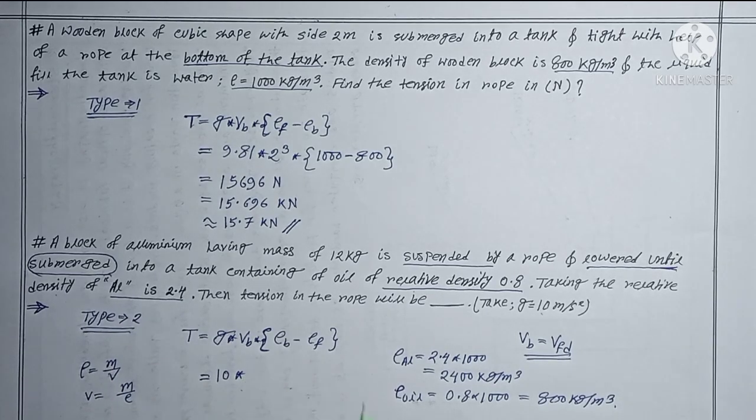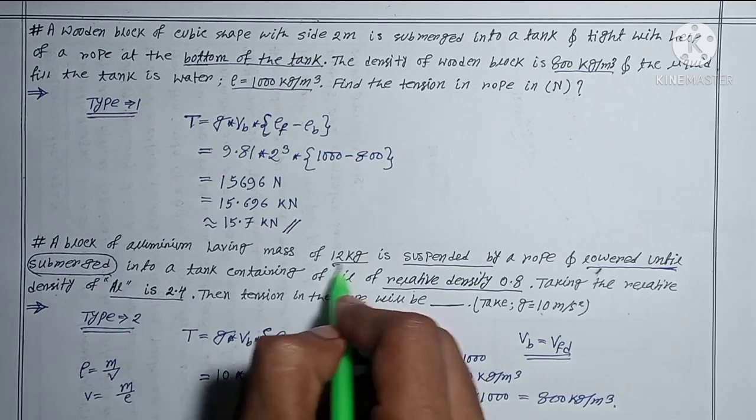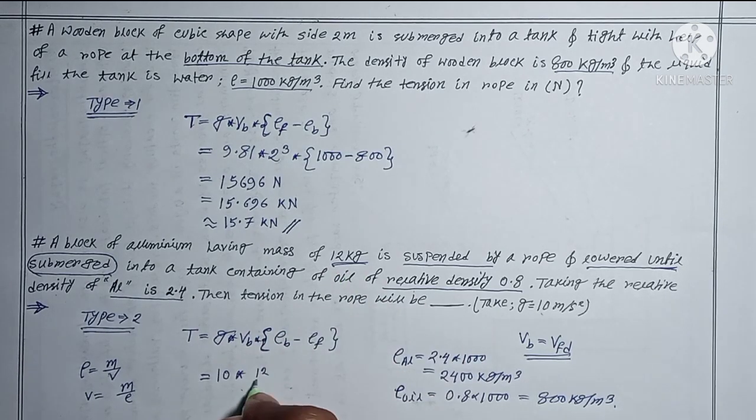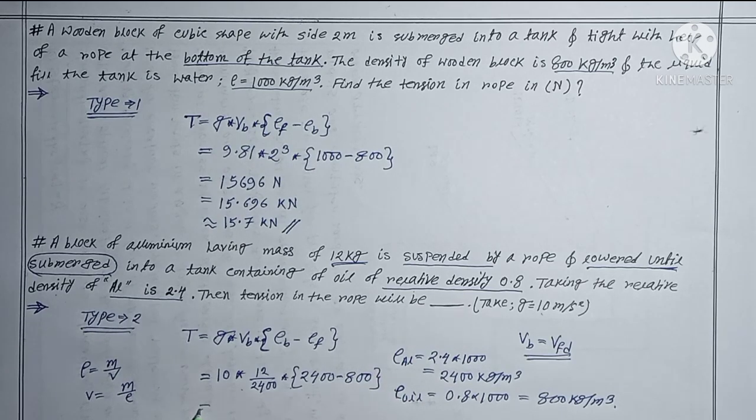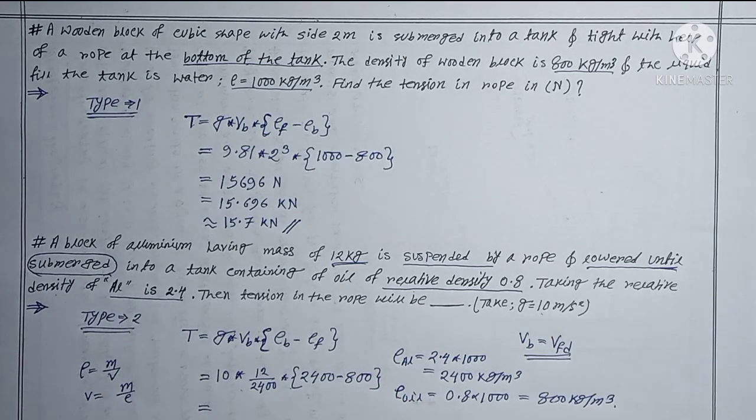Here the mass of the block is given as 12 kg, so 12 by the density of the aluminium block, 2400, into the density of the block, 2400, minus the density of the fluid or oil, 800. So let's solve it.